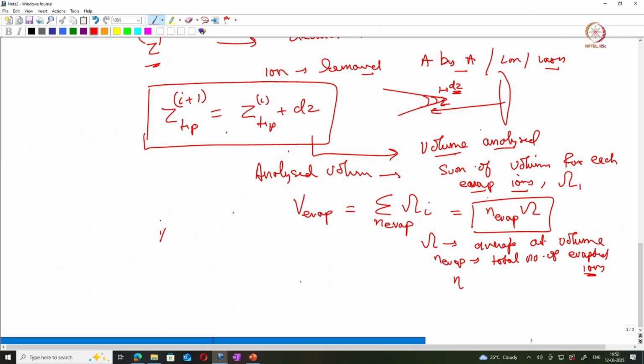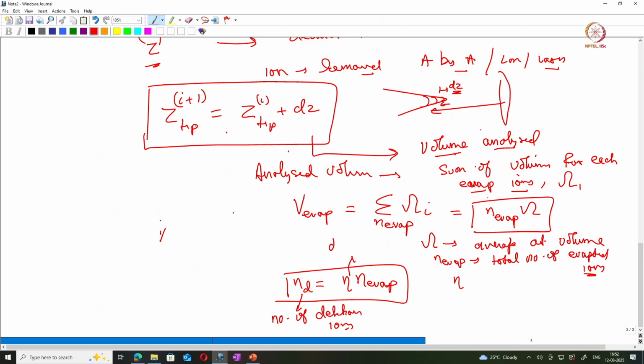So we can write ND is the total number of detected ions and eta is the detection efficiency. So ND equals eta times NEVAP.